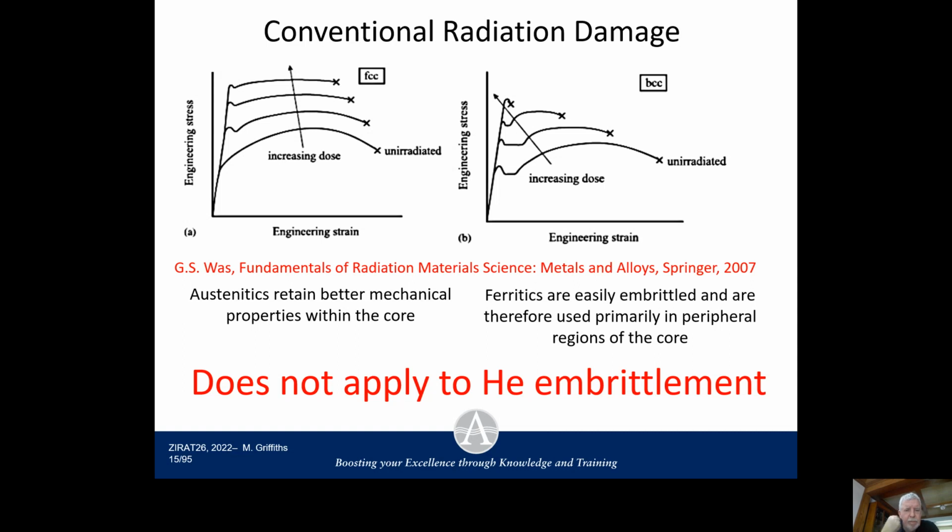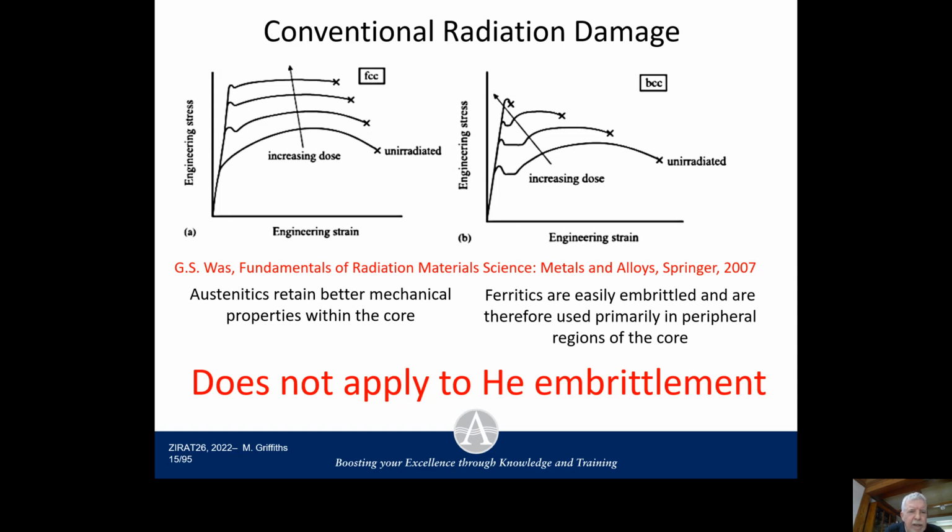Here's a summary taken from Gary Wass's book, illustrating typically what the effect of irradiation is on the stress strain curves of an FCC material or a BCC material. This would be a ferritic stainless steel or an austenitic stainless steel.